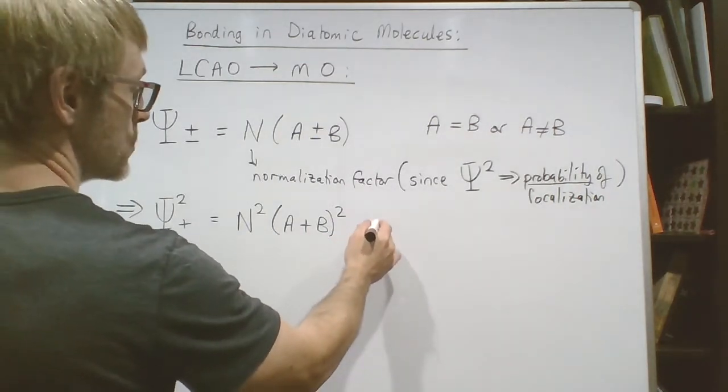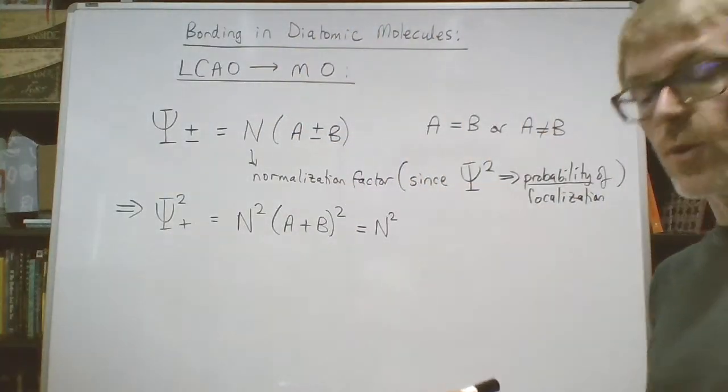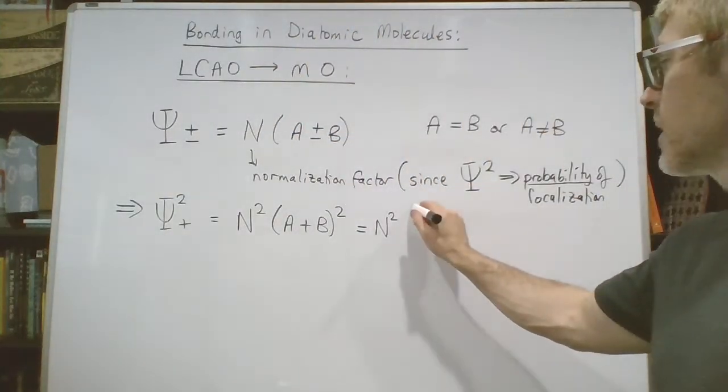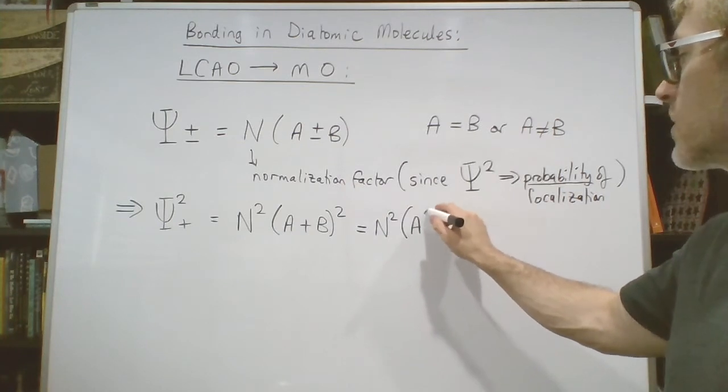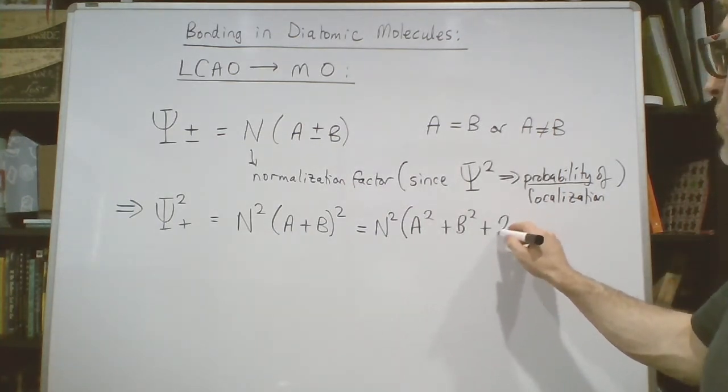So that's equal to N squared, and then I have (a plus b) squared. Well, I have to FOIL that out. So that's going to give me a squared plus b squared plus twice ab.